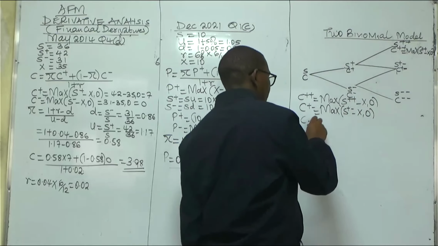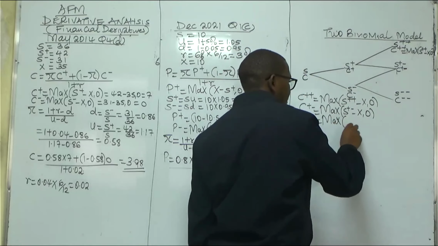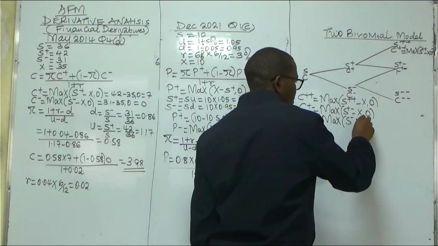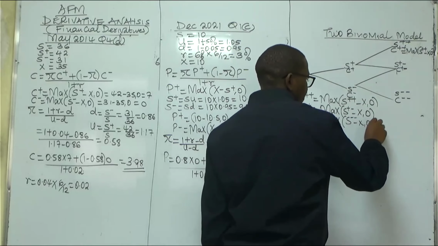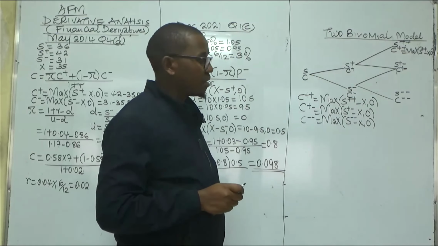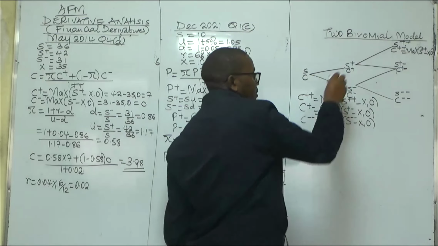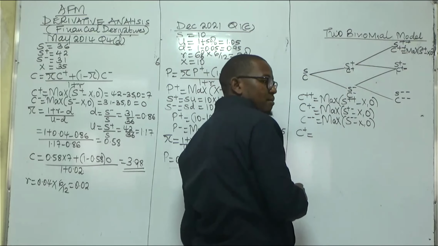And then we'll have C minus minus, the maximum of S minus minus minus the exercise price, compared with 0.